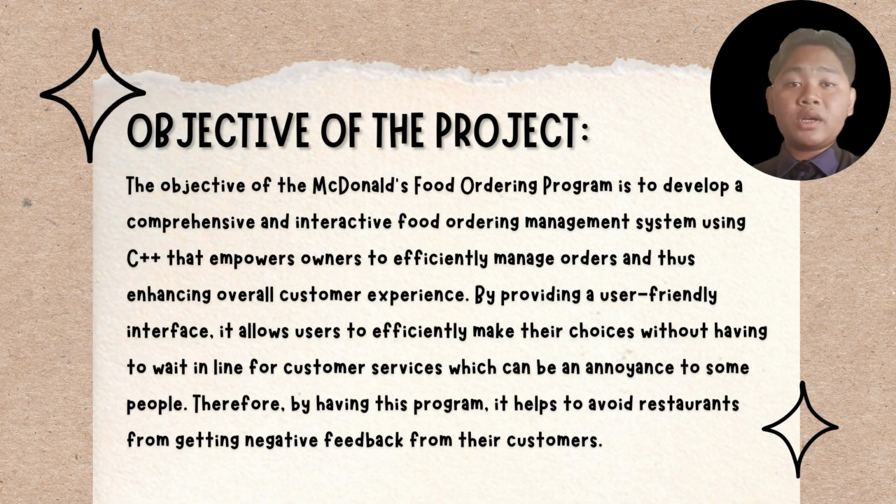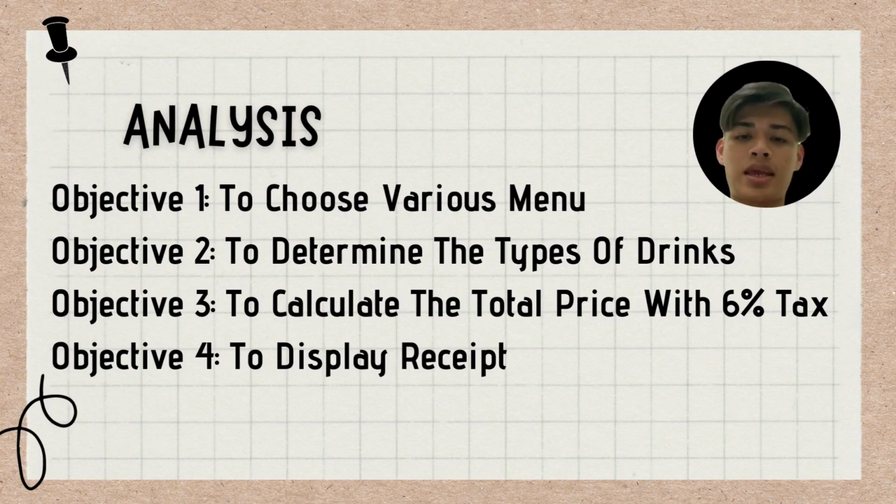Therefore, by having this program, it helps to avoid restaurants from getting negative feedback from their customers. Our analysis making this coding is to choose various menu, to determine the types of drinks, to calculate the total price with 6% tax, and display the receipt.